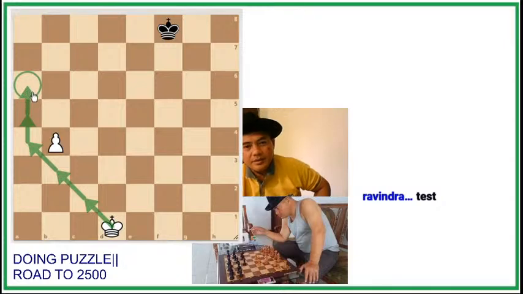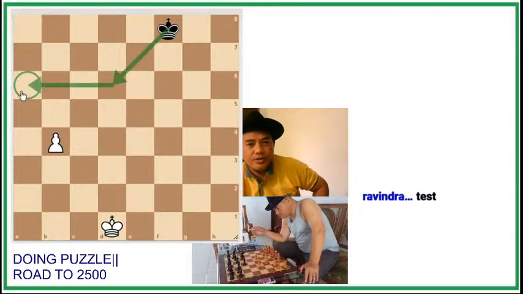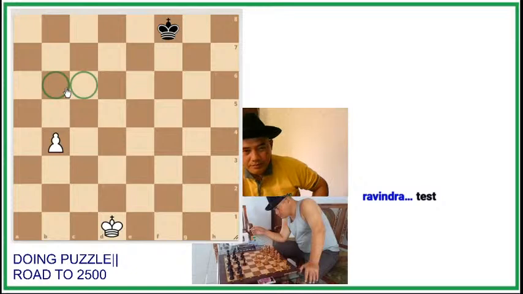So we have to bring our king here. Why? Because the farthest key square from the black king is the hardest to defend by the black king. He has to go here and then go here to prevent white from occupying the square. We can't go here or here because this is the easiest square to defend.